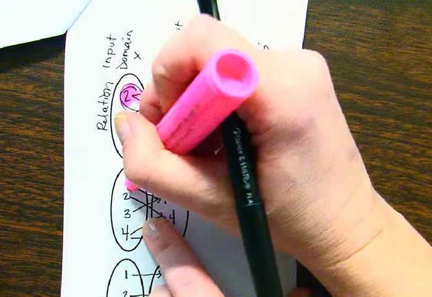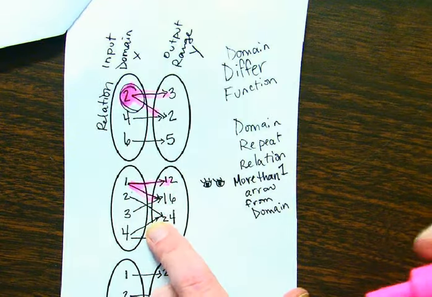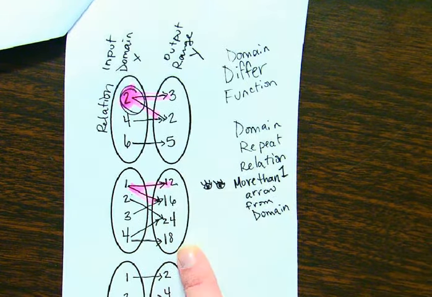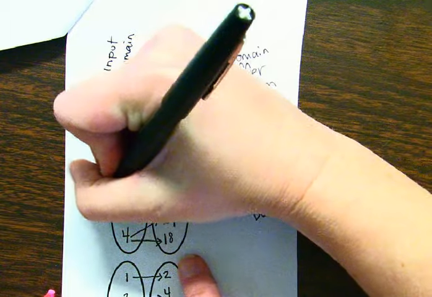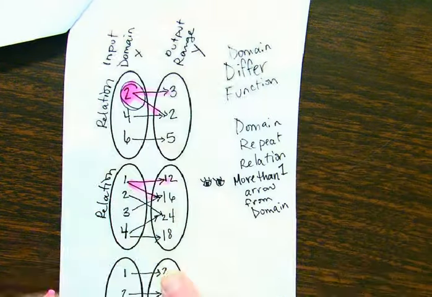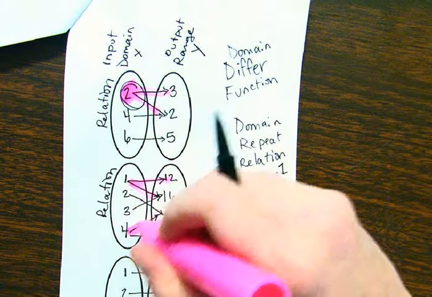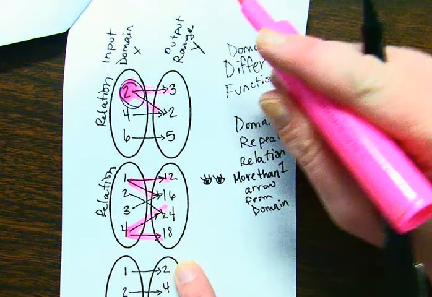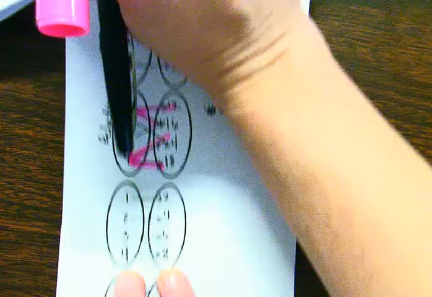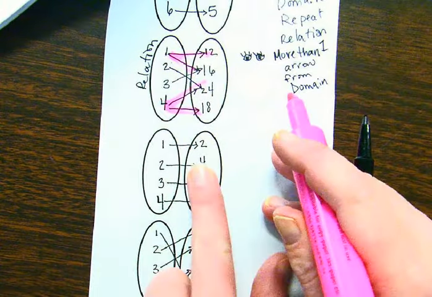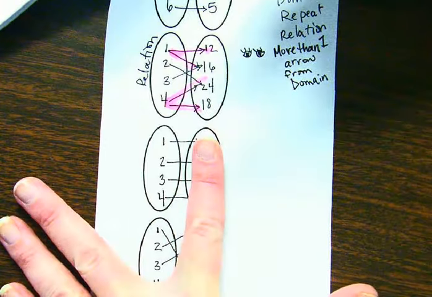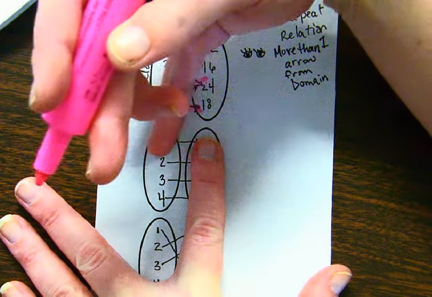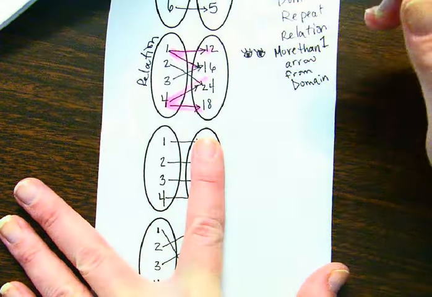This domain, 1, has 2 arrows to different outputs, 12 and 16. This is a relation. Also because the input 4 has different outputs, 24 and 18. Looking at my domain side, cover up the range if you need to. I have 1 arrow from each domain.